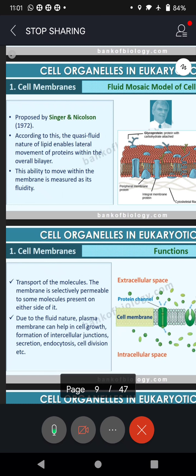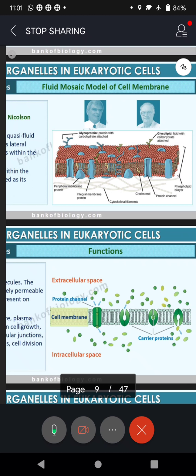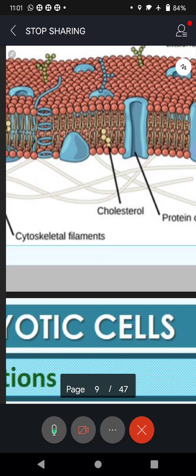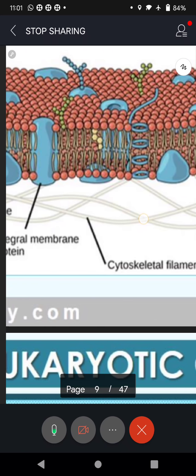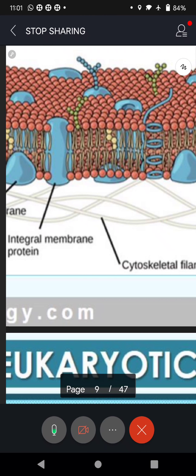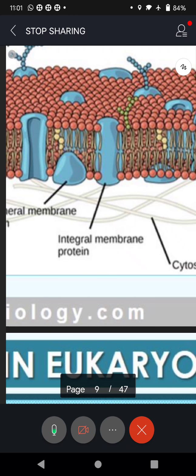fluid mosaic model. Now, what exactly does this fluid mosaic model look like? This is how it appears. Now let me expand. Look at that. From the top, don't you see that it looks like a mosaic? Now I want you to imagine, if you see this membrane from the top, does it look like a mosaic?